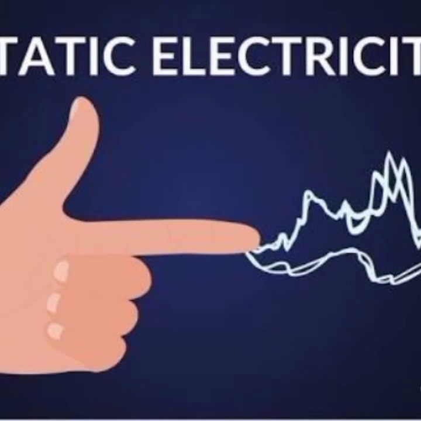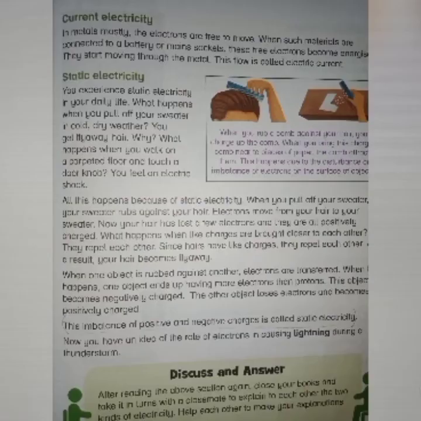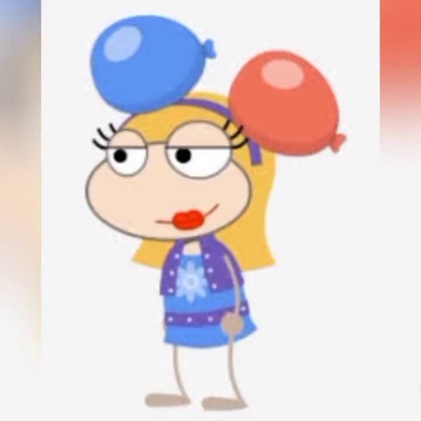Girls, the next type of electricity is static electricity. You experience static electricity in your daily life. What happens when you pull off your sweater in cold and dry weather? Your hair flies away. This is because of static electricity.